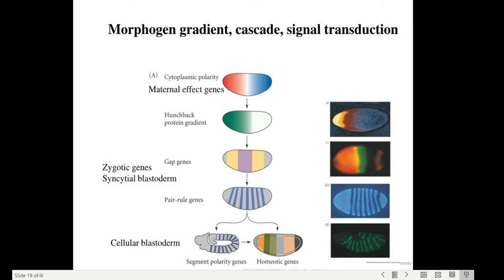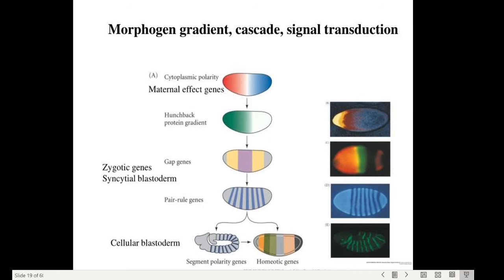Okay, morphogen gradient. What is a morphogen gradient? I think it is understandable. This morphogen gradient is an intermediate step between determination and differentiation. Based on the cytoplasmic polarity, the cells form the Hunchback protein gradient.